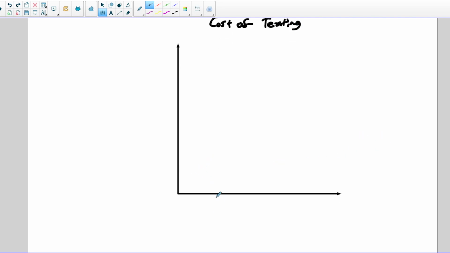On the bottom here, we're going to have our independent variable, our X, which was our number of texts. And then along the Y-axis, we're going to call this the monthly cost in dollars.